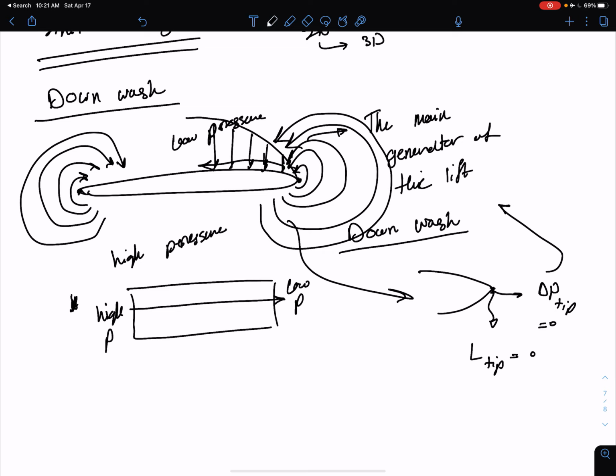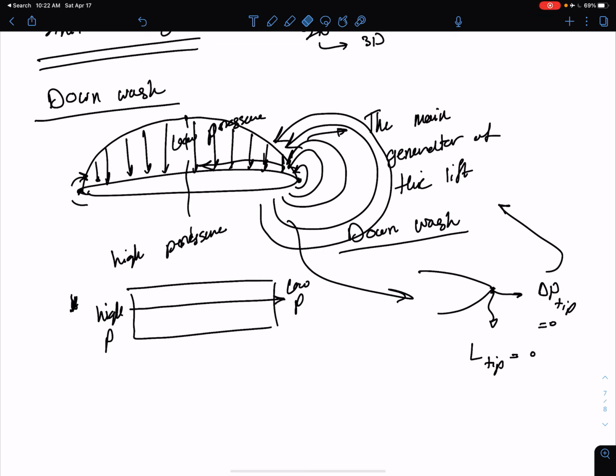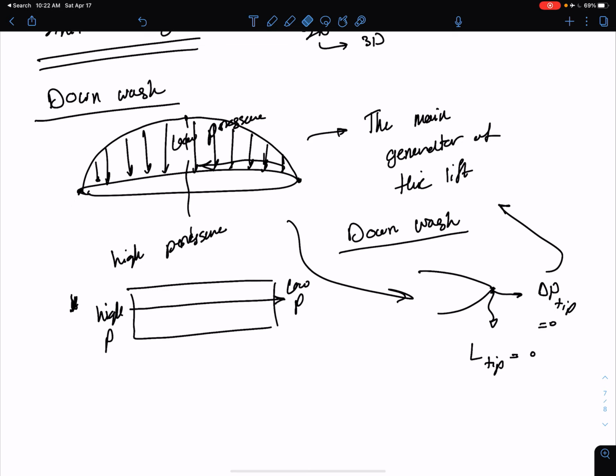Let's say this is the distribution of lift per unit span on the fuselage, and then it will go back to a minimum value on the other tip.